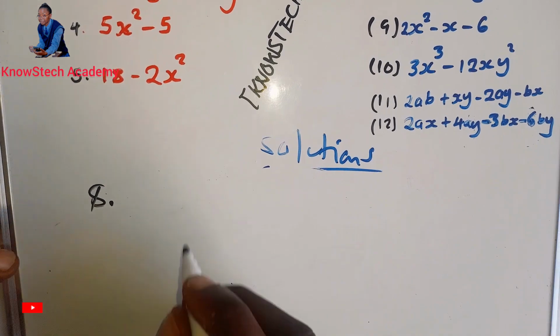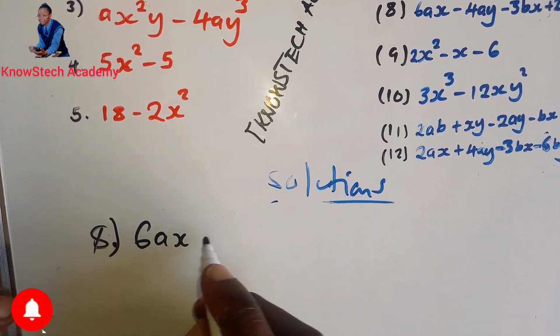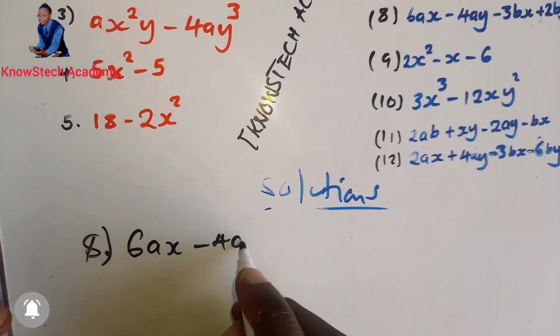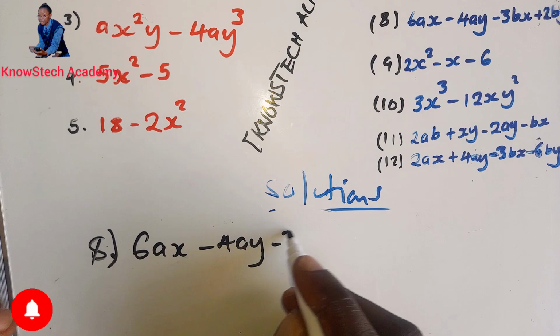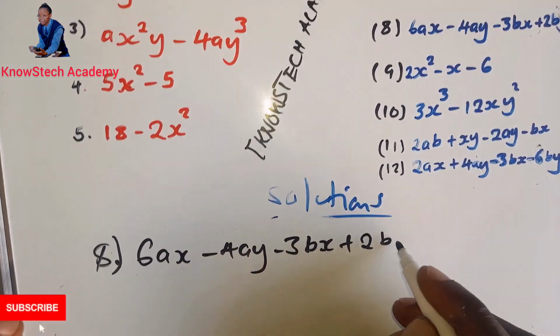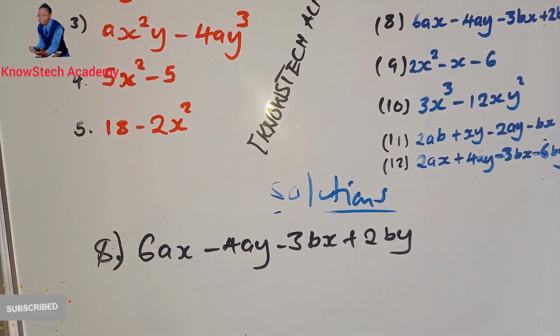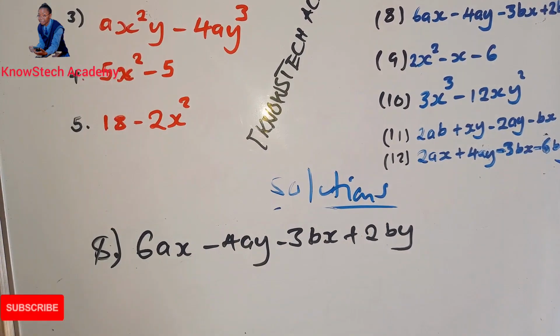So question 8, we are given 6ax minus 4ay minus 3bx plus 2by. So we have 4 terms as usual, so we can factorize this one by grouping.